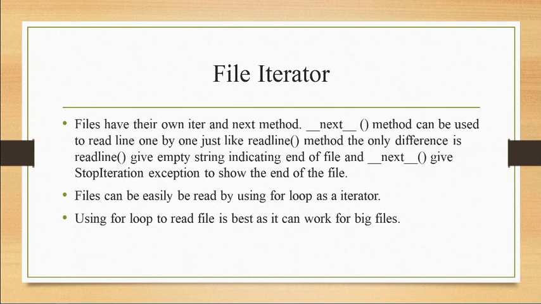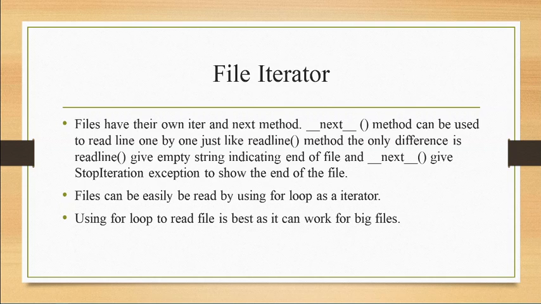Now, file iterators. Files on their own are called iterators, as they are based on the iter and next protocol. Files have their own iter and next methods, and the next method can be used to read lines one by one, just like the readline method.